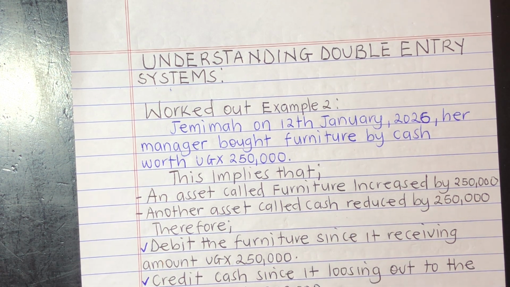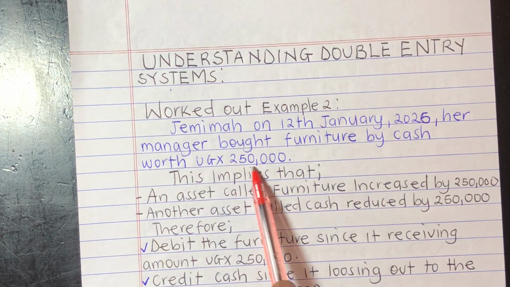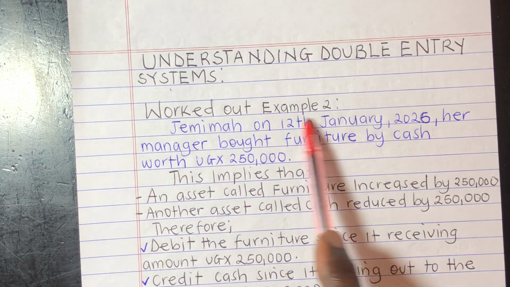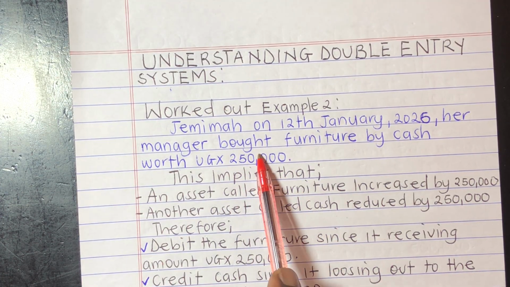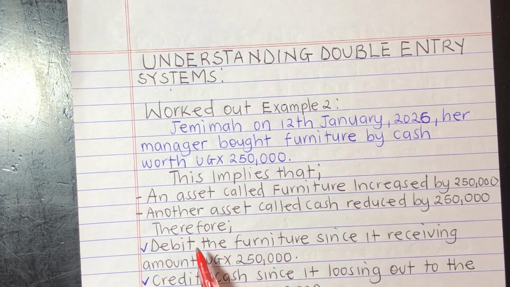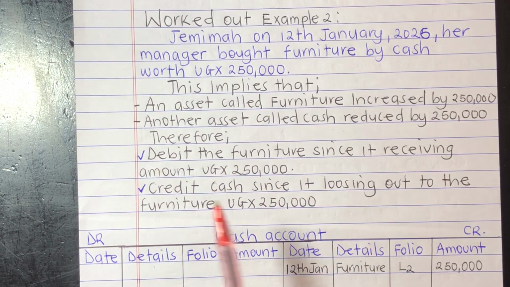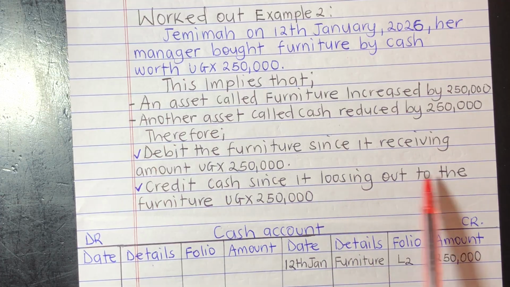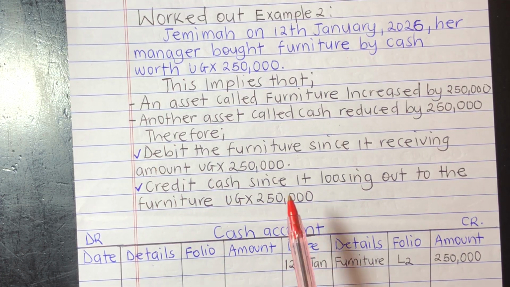So we are going to record this same amount of money. This is one transaction. We are going to record this 250,000 twice. We are going to debit the furniture account since it is receiving, and then we are going to credit the cash since it is losing out to the furniture account.